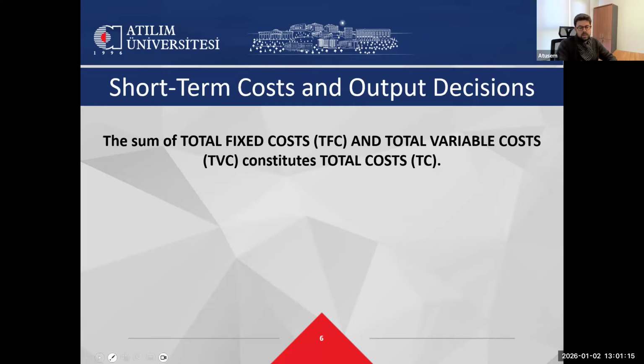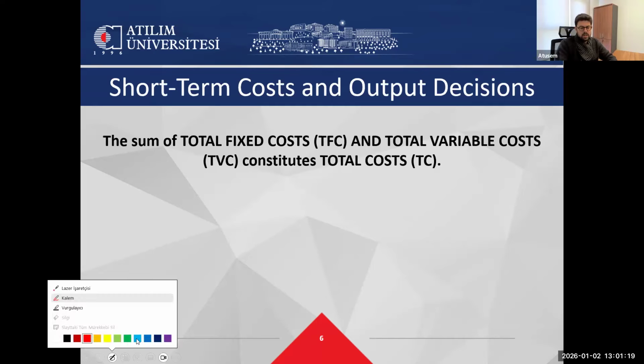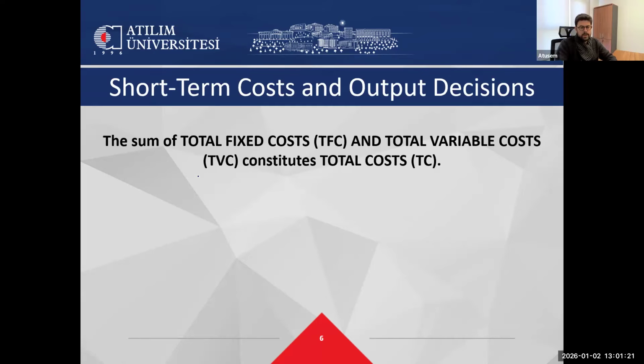Okay, I'm going to write it down over here. I use another color. I said total cost equal to total fixed cost plus total variable cost. This is the first one.